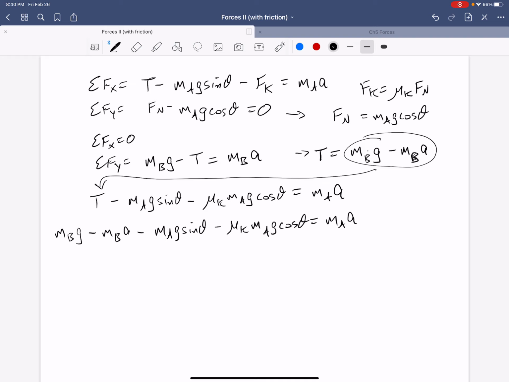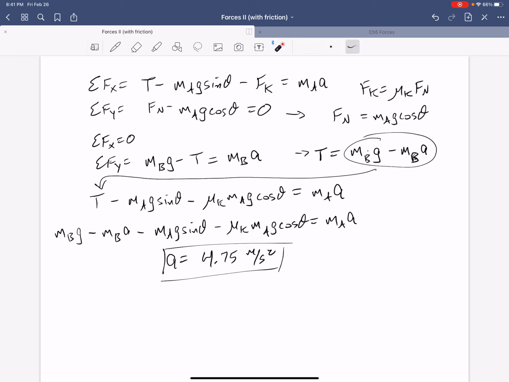All right, solve for a, you get a really long expression, but I trust that you can do it. The value for a should be 4.75 meters per second squared, right? And once you get the value for a, you can plug it into either equation.